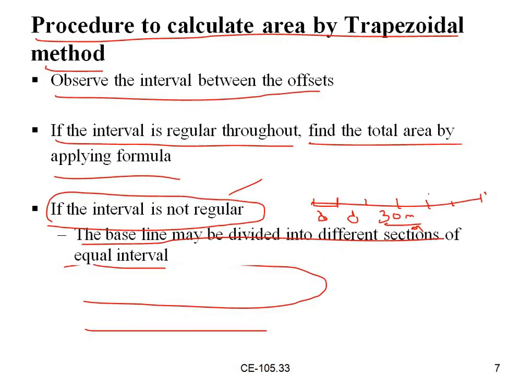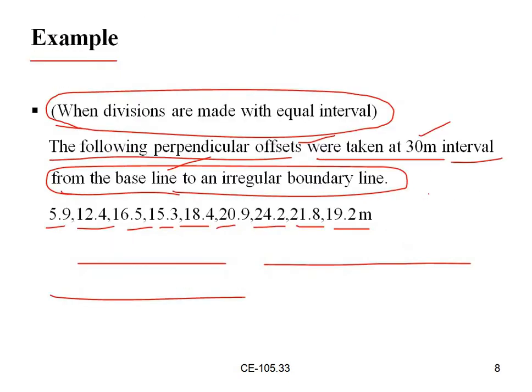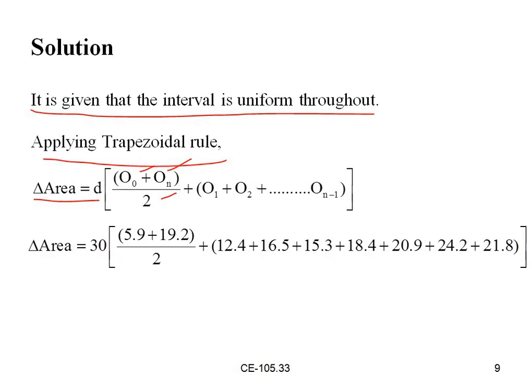That is, sum of first ordinate plus last ordinate by 2 plus sum of other ordinates, O1, O2, O3, up to On minus 1.